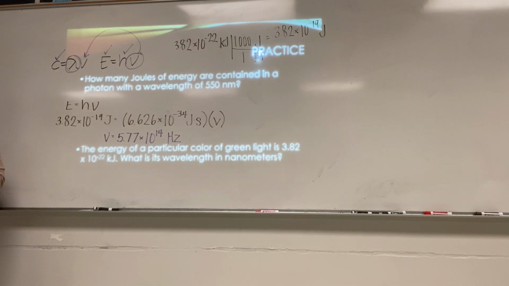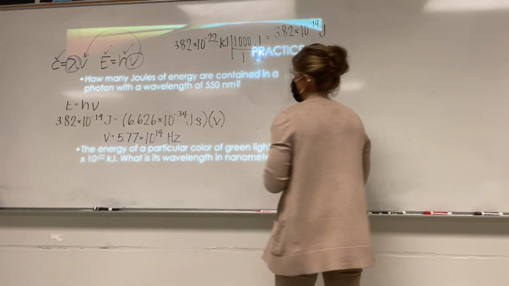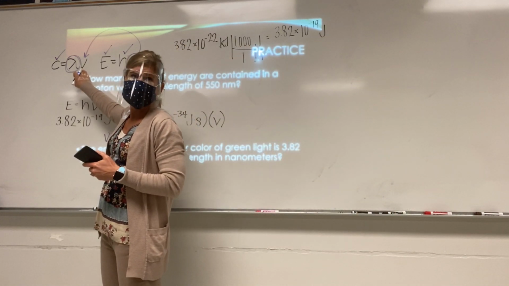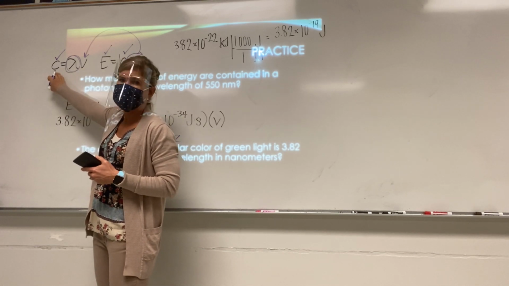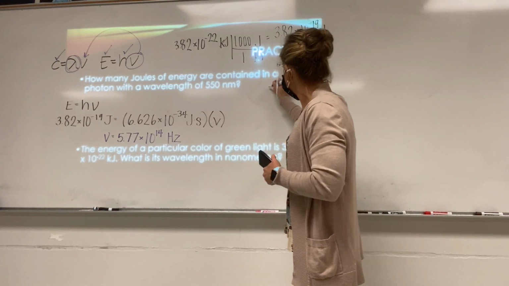Well, can I stop there? No, the problem's asking for wavelength. Okay, wavelength. But I have another formula now, right? Now that I know my frequency, and I know my c, speed of light, I can calculate my wavelength.